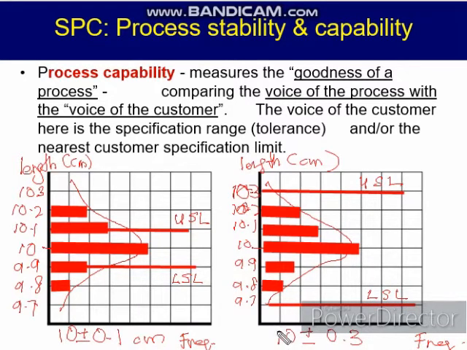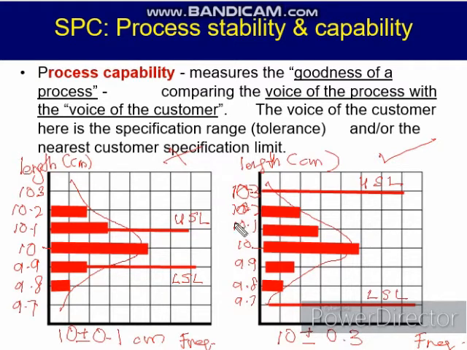So if you look at this visually, most of the product that you're going to make is within the specification limit of your customer. So you're making good product. Your process can make a good product. Not 100%, but most of it is good product. So this is the indication that this process is a capable process, and the previous process is not capable.